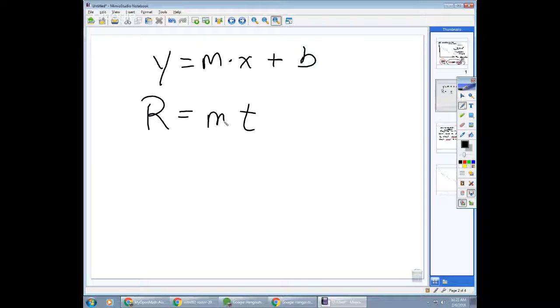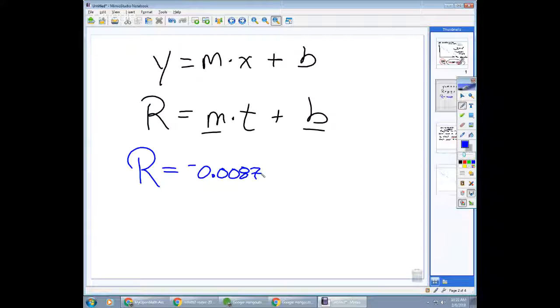But we still have some number multiplied by t, and we still have some number over here. So for us, filling in this number and this number, we think our equation looks more like this. So our m, we believe, is negative 0.00871.